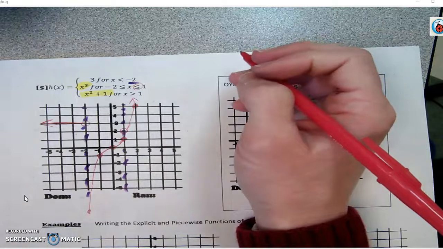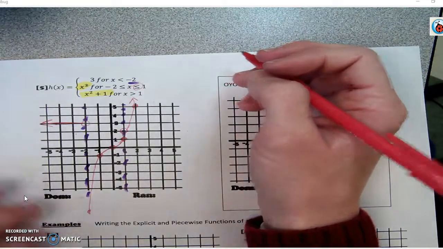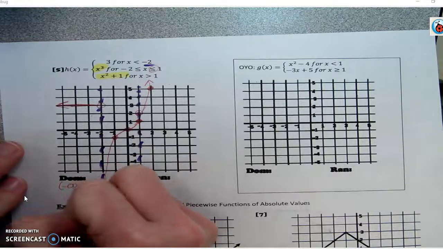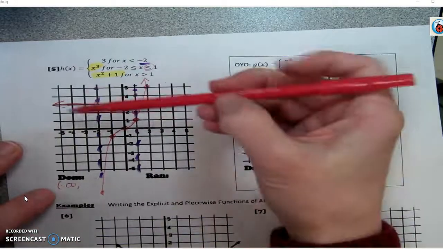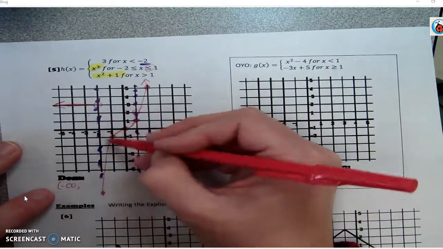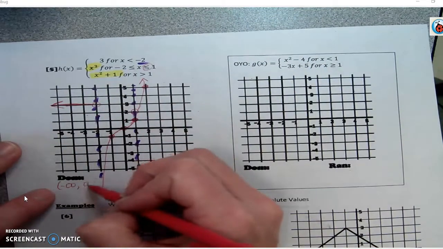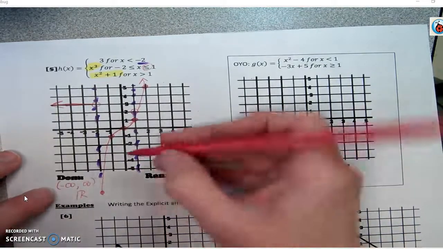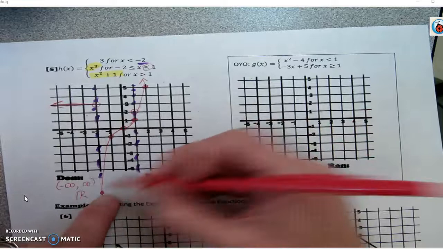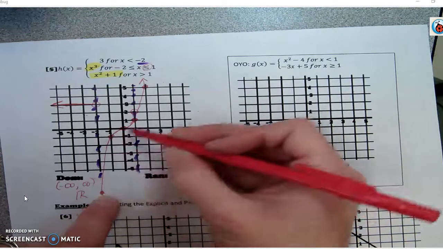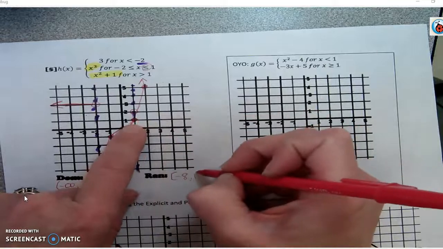Okay. All right, domain left to right. So it goes to the left, -infinity. It never skips any x values, so that's all real numbers. And your range, it goes from -8 all the way to 1.